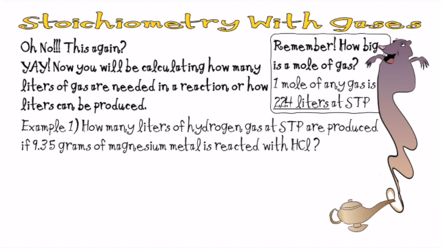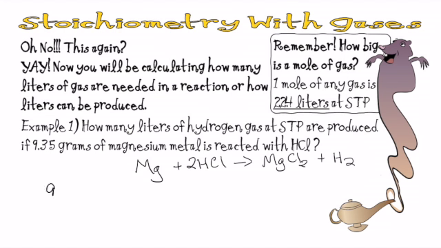So remember from Stoic, our first step is to write our balanced equation. So we have magnesium reacting with HCl, and it produces magnesium chloride and hydrogen gas. So we need a 2 in front of the hydrochloric acid in order to balance our equation.